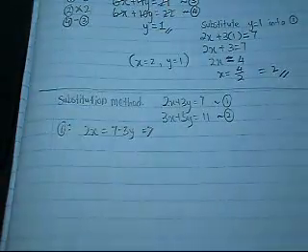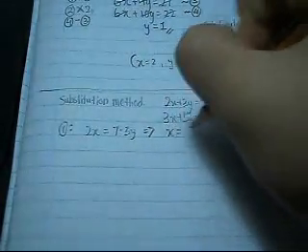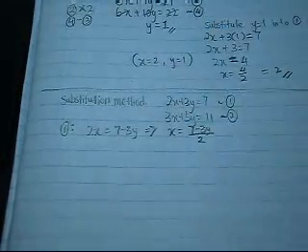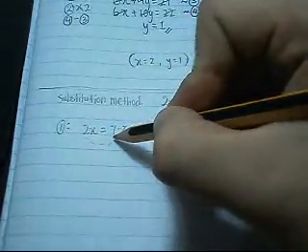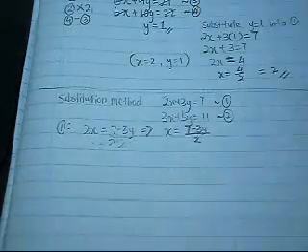So x equals 7 minus 3y, divided by 2, because you move the 2 over to the other side.